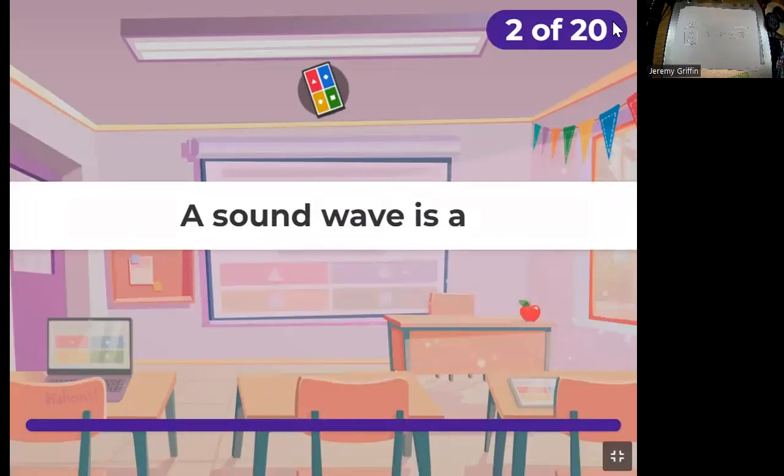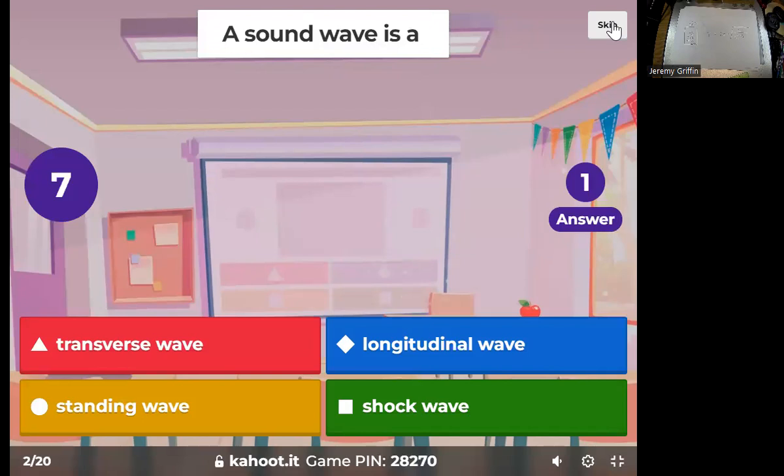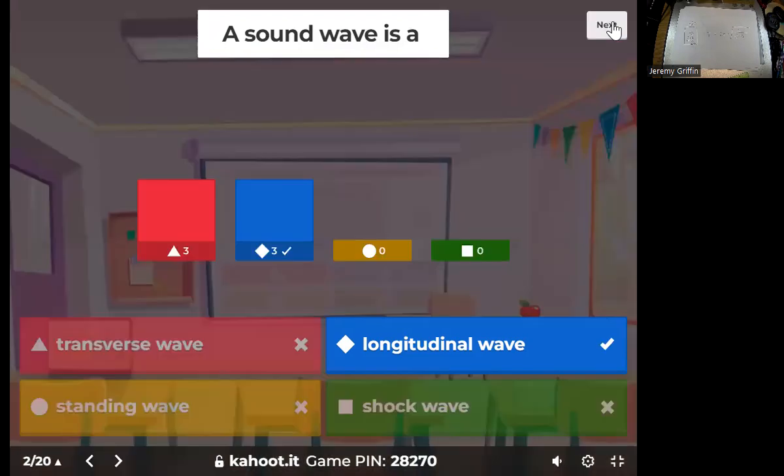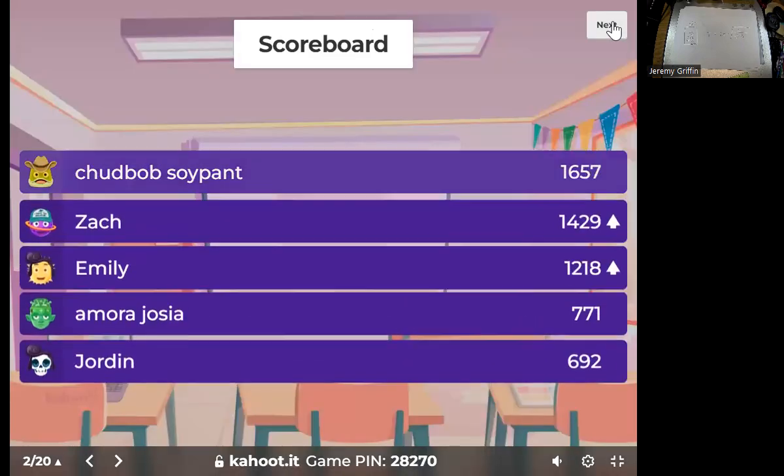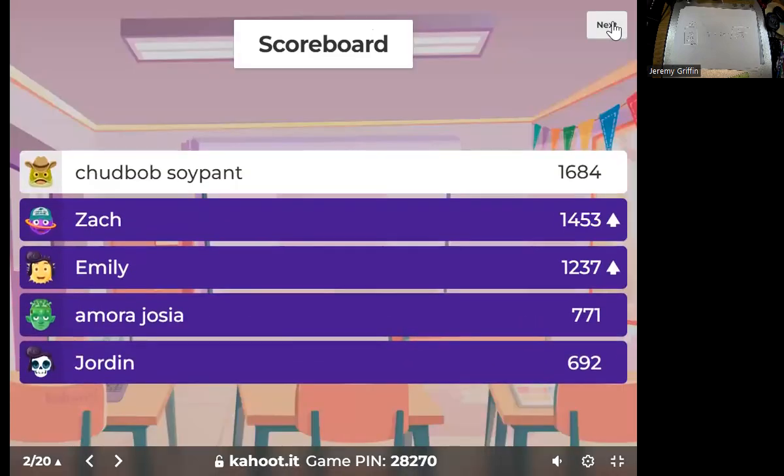Sound wave is longitudinal, right? It's like a compression wave. Sound wave is a compression wave. All right.